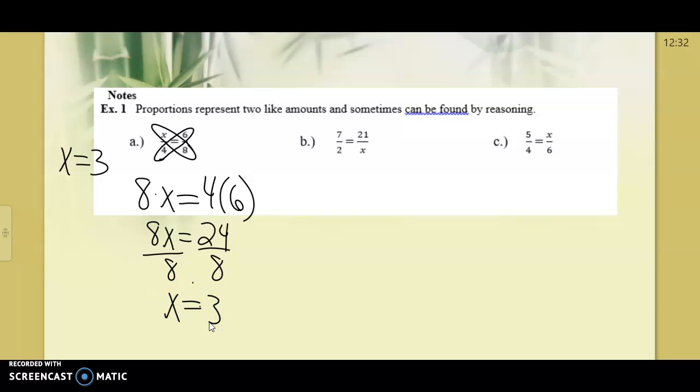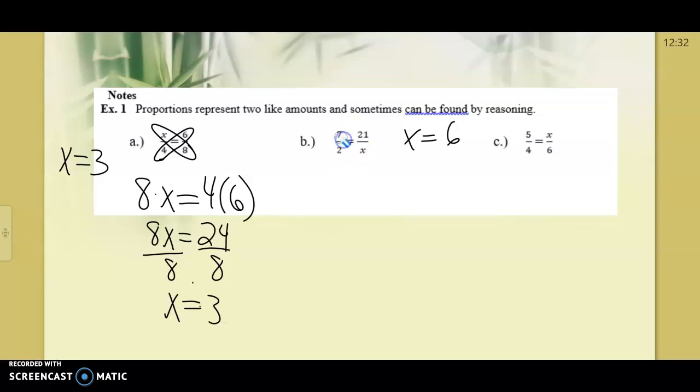Anybody can reason their way to figuring out what x may be. Rachel. Okay, so we have an idea that x might be equal to 6 if we were to multiply both top and bottom by the same number, and you would have to do that.